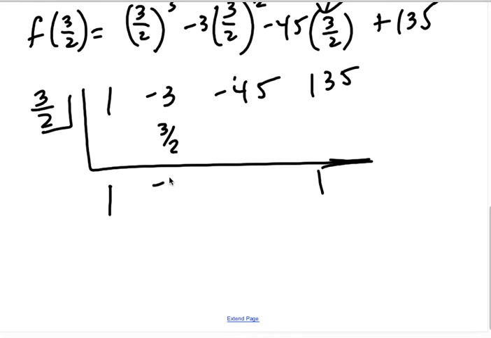So if you were to do this, you're going to get a pretty big negative value here. 45, so you'd have to do 45 as fourths, which is 180. This is going to be a negative 180 over 4. This is going to be a negative 189 over 4.